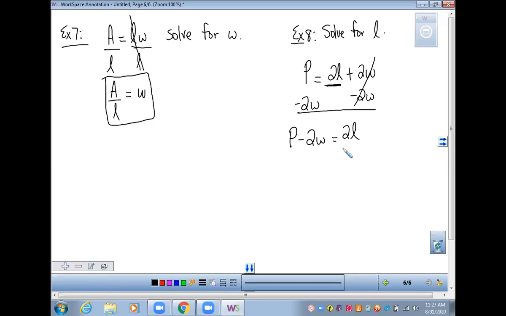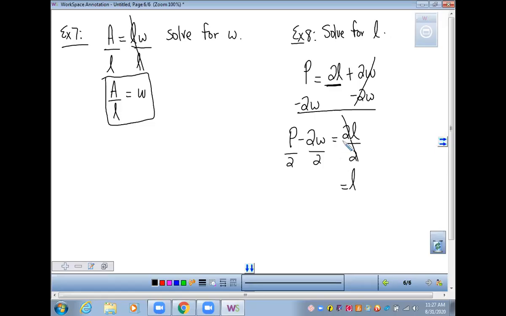You know, we're trying to get that L by itself. How are we going to get rid of the 2? Divide it. So divide everything by 2. This 2 is positive. Yep.